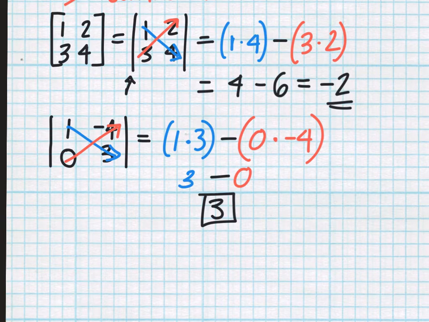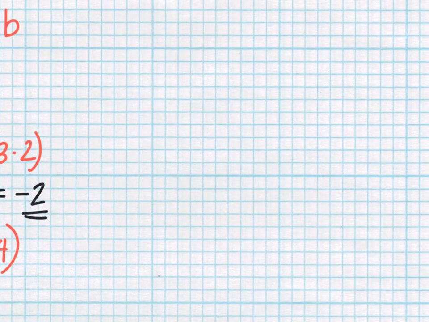Okay, let's look at this new system for finding the determinant of a 3x3. So I'm going to move over to some empty space. And let's do a 3x3 determinant.